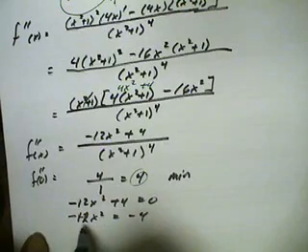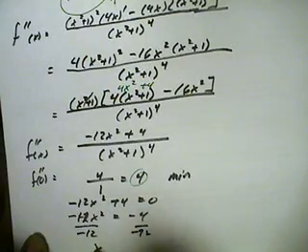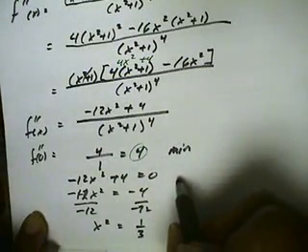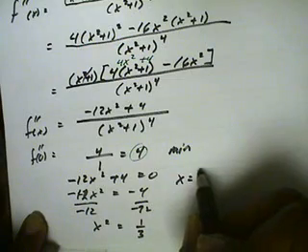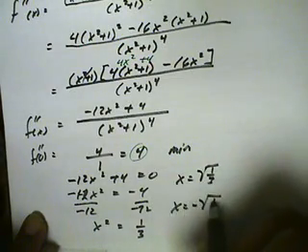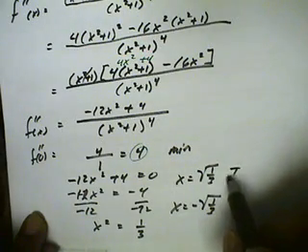Divide everything by negative 12, and we end up with x squared equals 1/3. Now when we take the square root of that, we'll get x equals the square root of 1/3, and x equals negative square root of 1/3. So we actually have two inflection points.